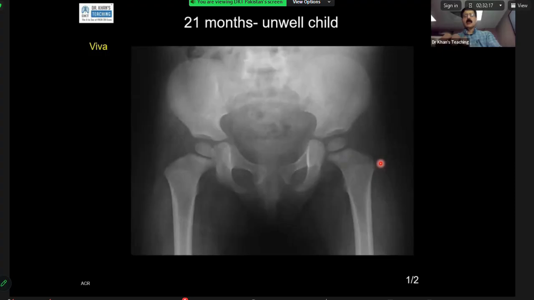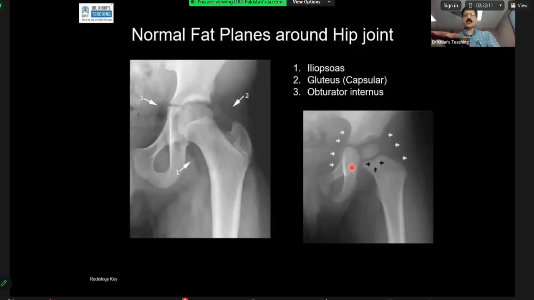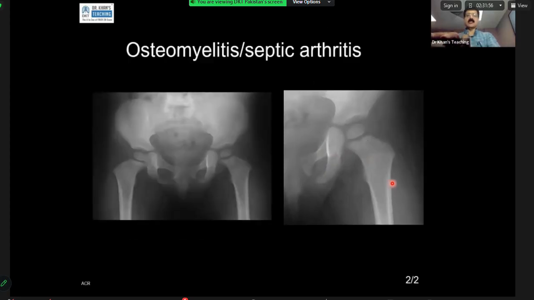Okay. So, basically, what is happening in this case, we'll come back to the case. This is infection, and there is involvement of the metaphysis. And this is what I say, that the eye sees what the mind knows. In a child, I'll show you a few slides.